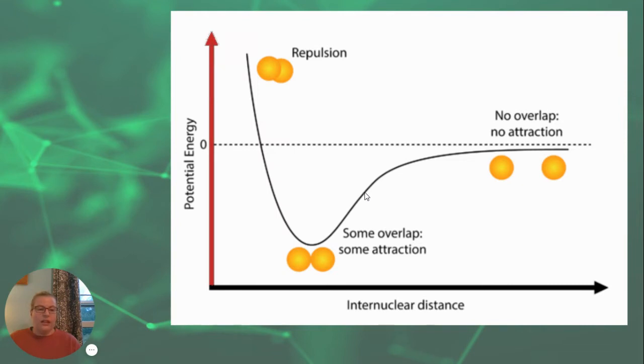So if you think about this graph, it is nothing, not attracted, not attracted. Ooh, little attraction, that's good. And then when we hit this bottom part, or this minimum part of the graph, that is the sweet spot between the best attraction minus the repulsion that we talk about.